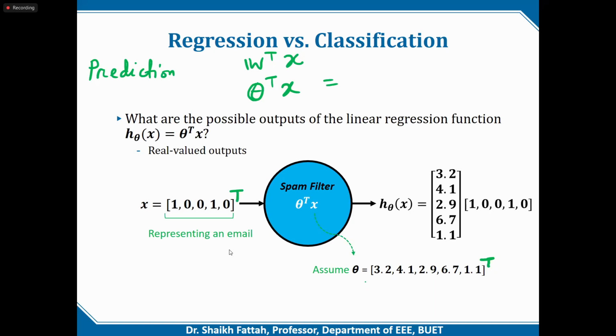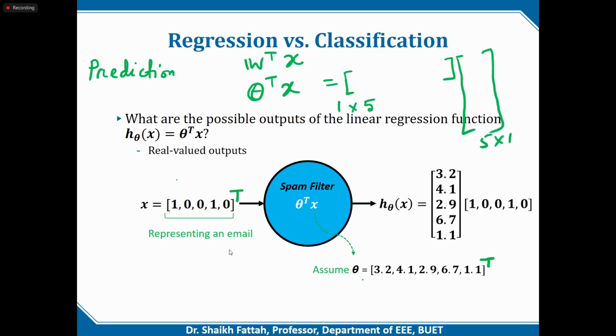That means your theta is here, theta transpose. Original theta is a column vector. Theta transpose is a row vector. How many values? 1, 2, 3, 4, 5. So 1 cross 5, theta transpose x, 5 cross 1 x.